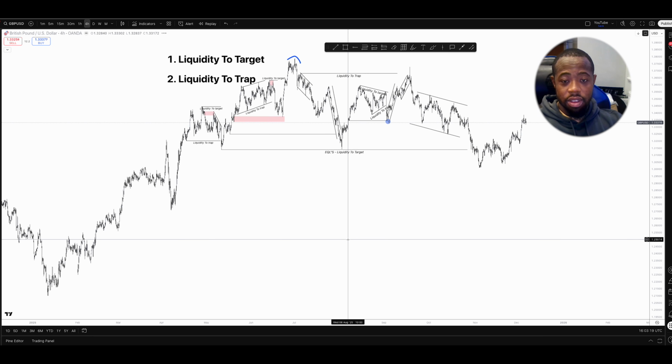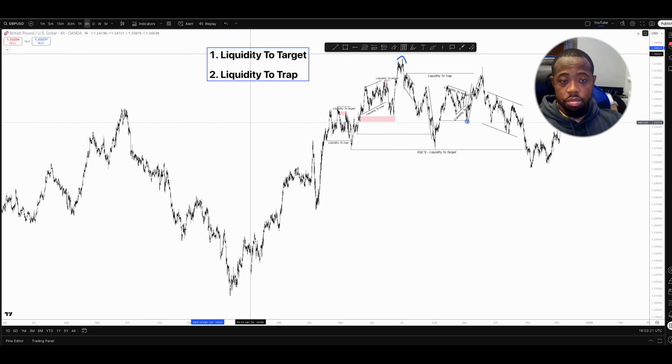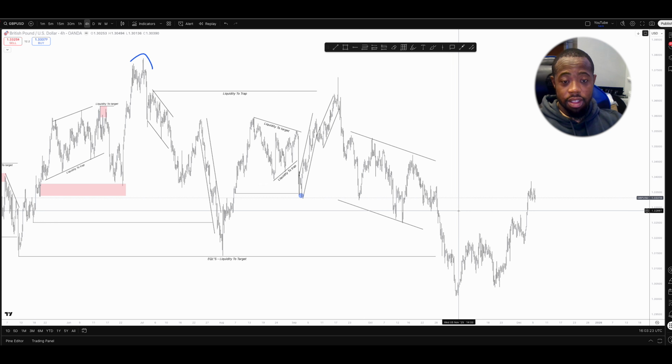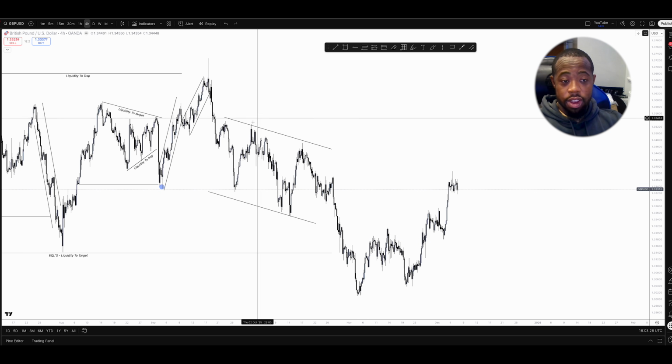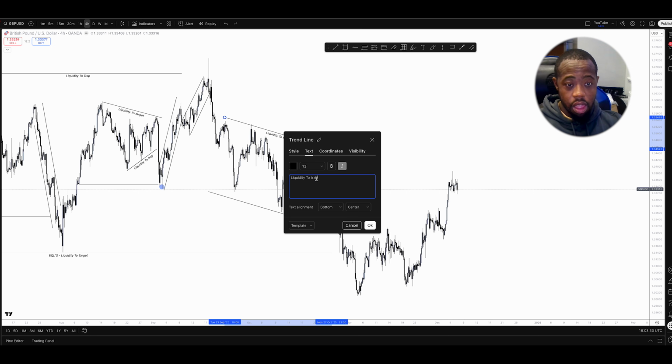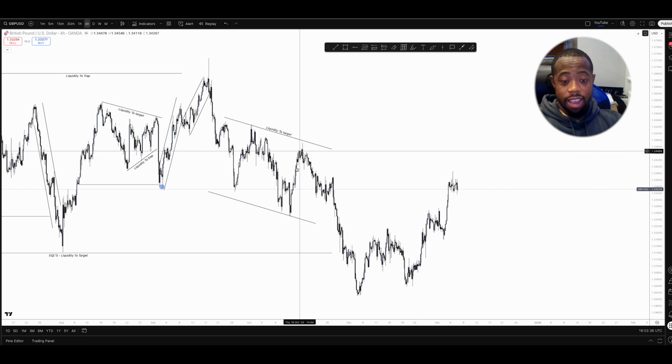But what are we now seeing here? We're now seeing this. So we now have our liquidity to target. All right, so that's the overall higher time frame target. We've got our liquidity to target potentially if price wants to come up here.